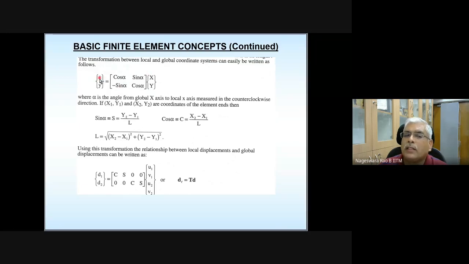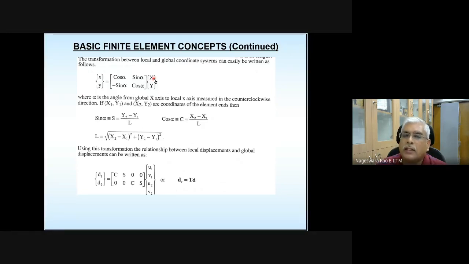So wherever small x is there, replace it with D1. D1 is nothing but the displacement at node 1 in the local coordinate system. And for the global x and global y, replace them with U1, V1. Global x you replace with U1, global y you replace with V1.